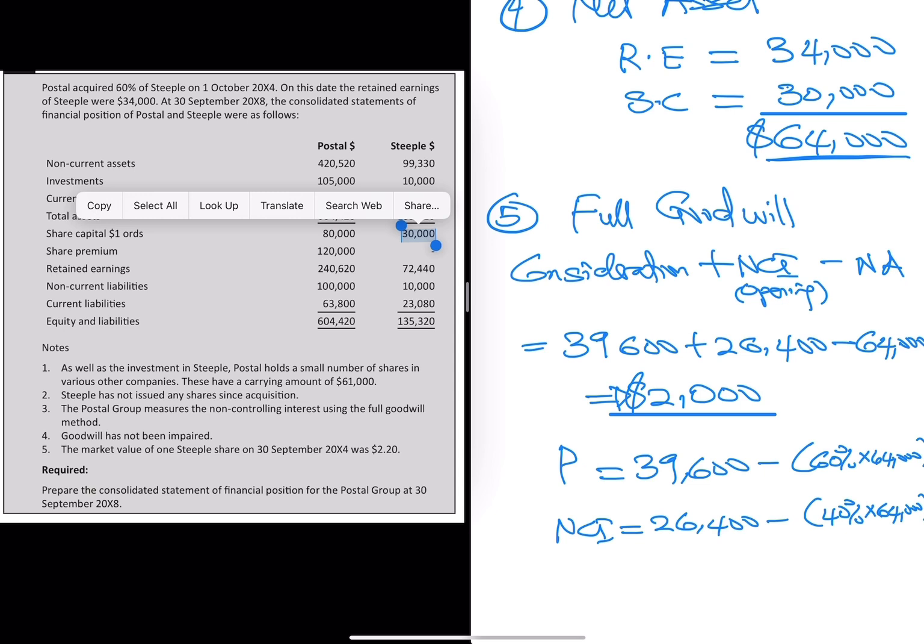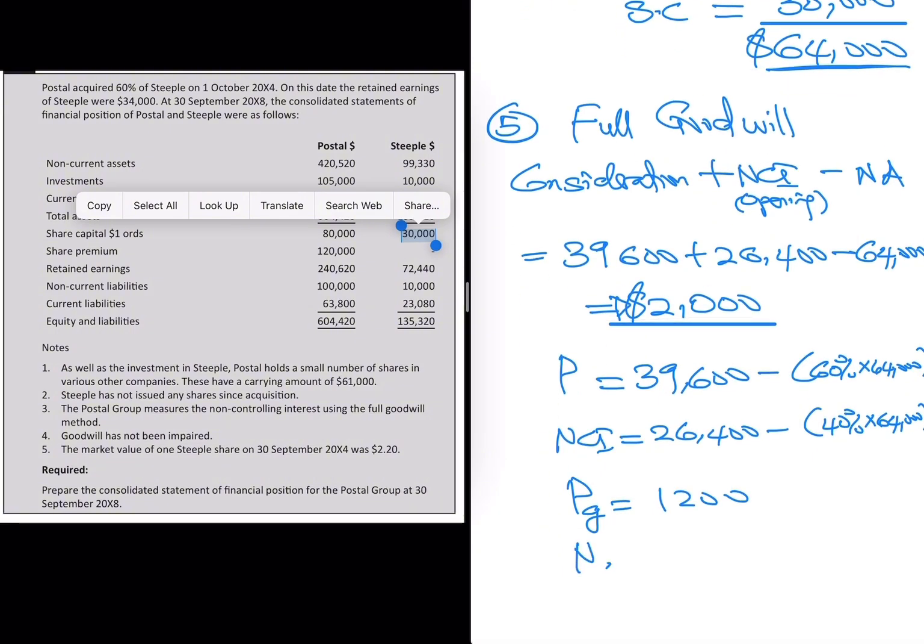If we put a calculator to that, you see, we're going to have the same thing. So for parent, we have 64,000 at 60%. That's 38,400. I'll take that from 39,600. So parent goodwill will be 1,200.